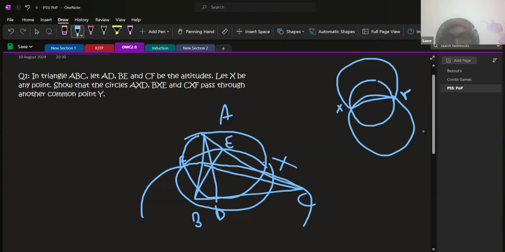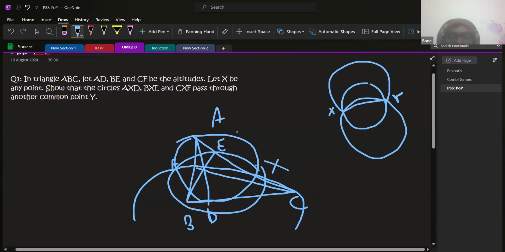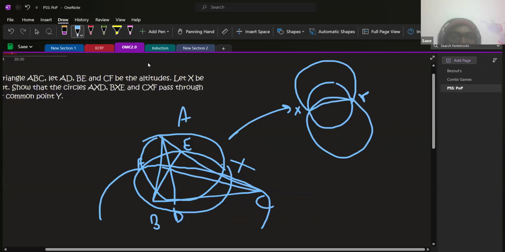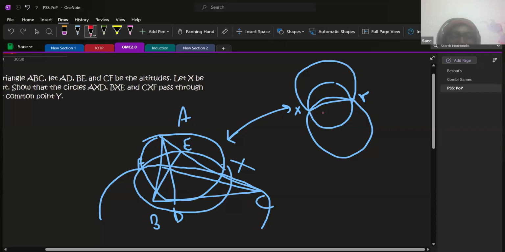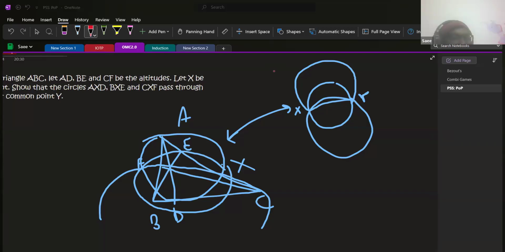I want to show that these three circles look something like this, right? So above that, isn't this the Miquel point? I don't think so.